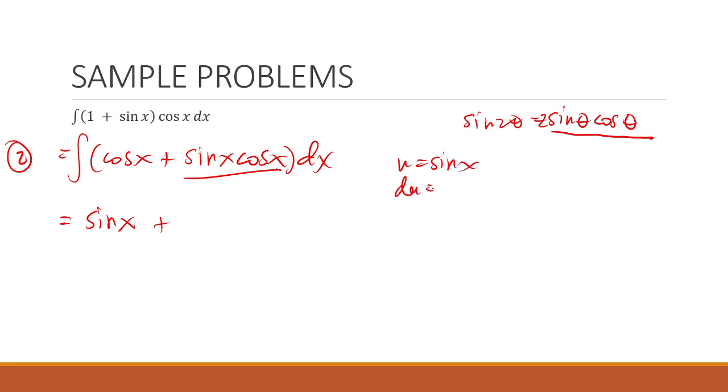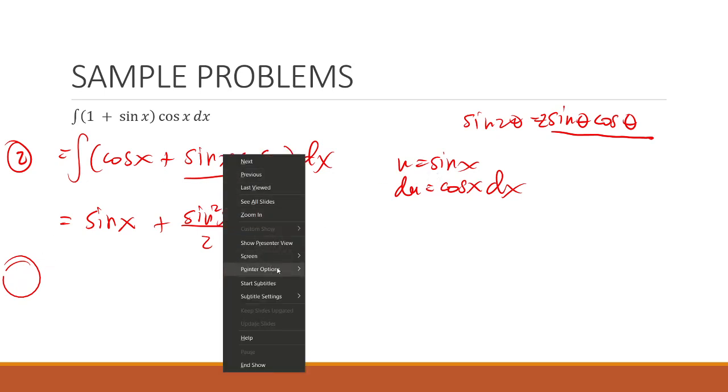So du is what? Cosine x dx. So automatic na, diretso na, right? So maging ano to sa power rule. So u raised to n is 1, tapos du ang cosine x dx. So sine squared x over 2 plus C. That's the second one kasi meron tayong first kanina using direct na u sub.